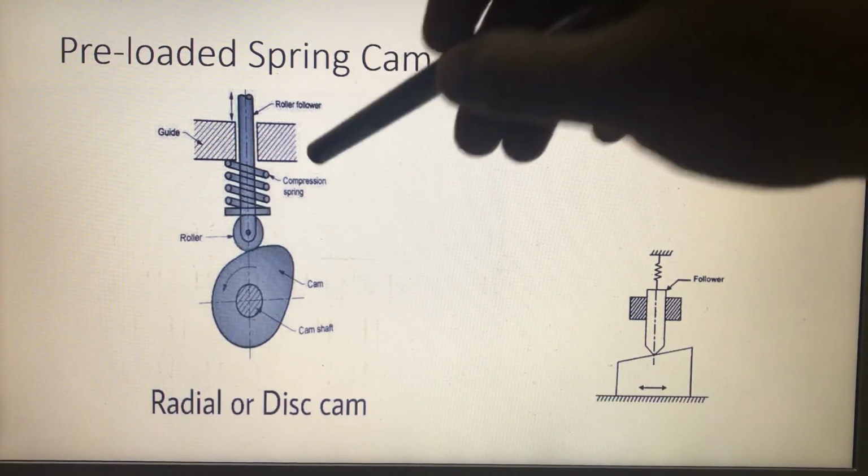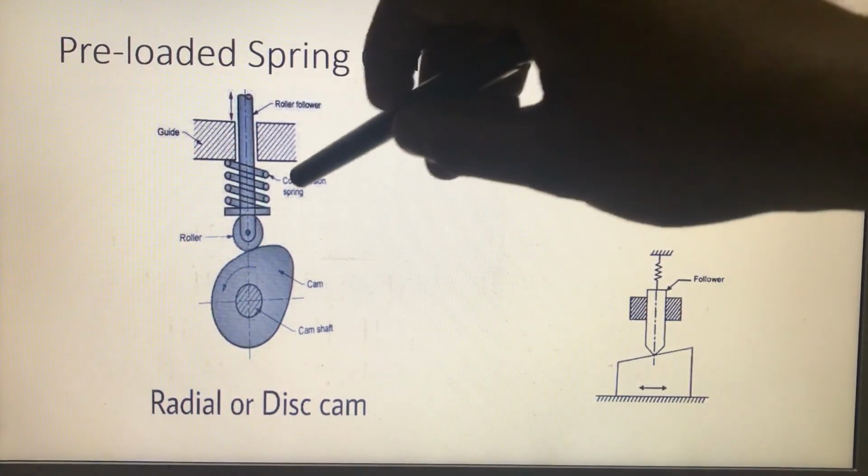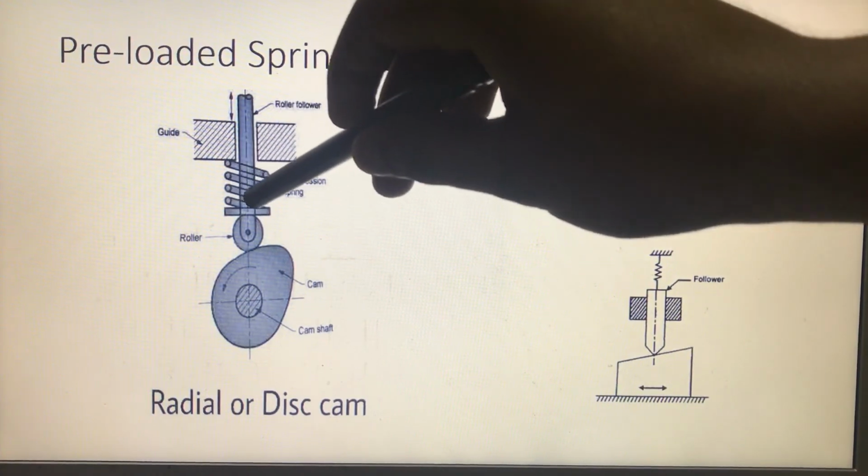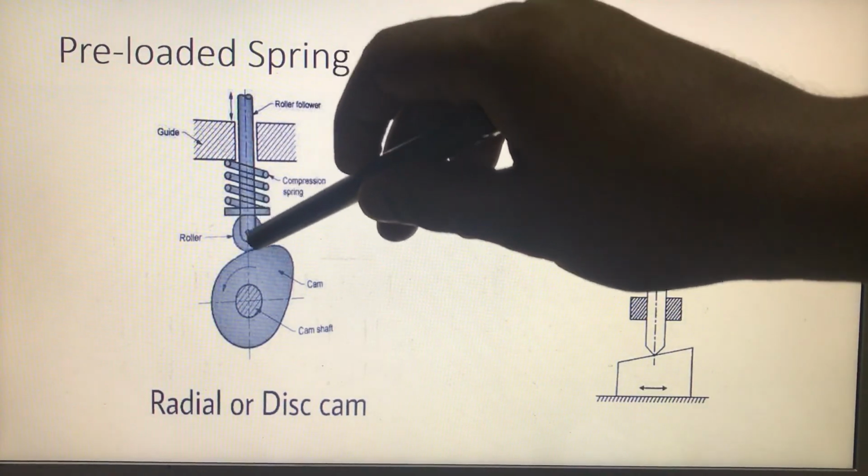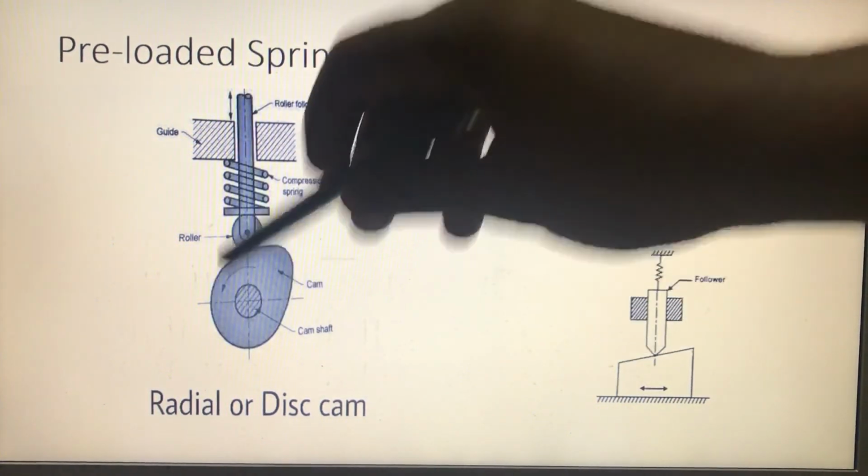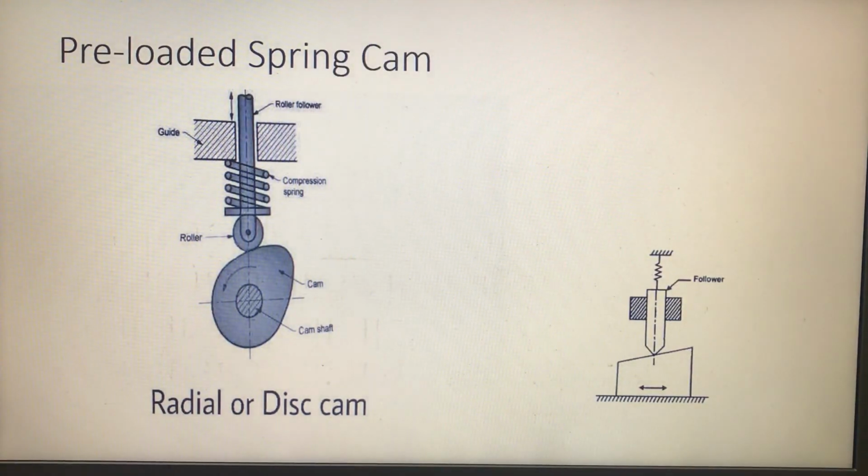Because of this compression spring. This compression spring will force this roller to make contact with this radial cam. These two are always in contact because of that compression spring force. So that is why it is called a preloaded spring cam.